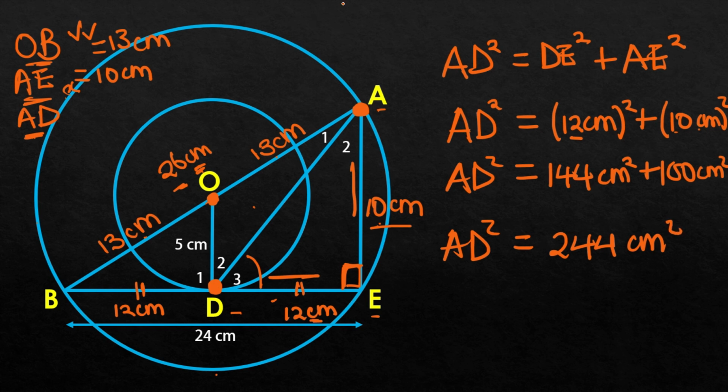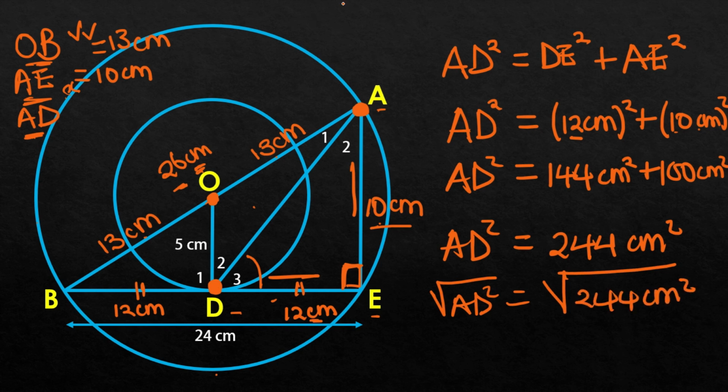So to get rid of this squared, we're going to take the square root of both sides. So AD is equal to the square root of 244 centimeters squared.